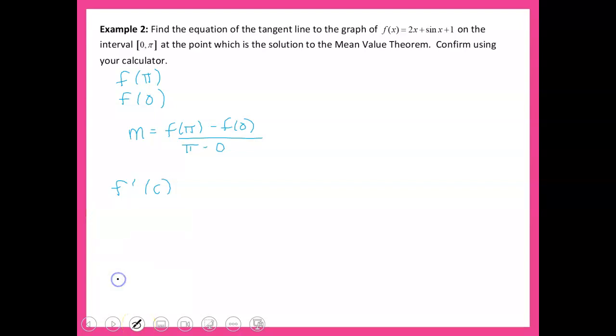So what is f of pi? Well, f of pi is 2 pi plus sine of pi plus 1. f of 0 is 2 times 0 plus sine of 0 plus 1.